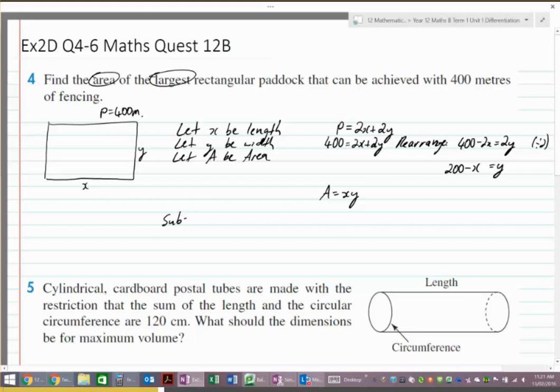Now I'm going to substitute into this formula. A equals x(200 minus x).